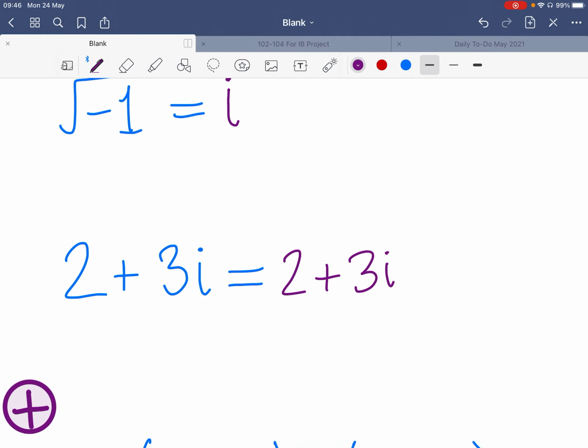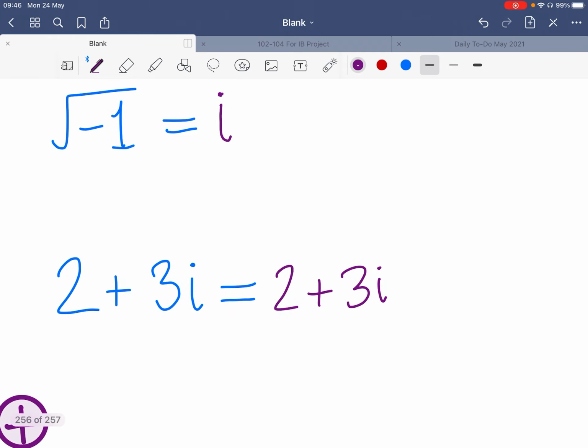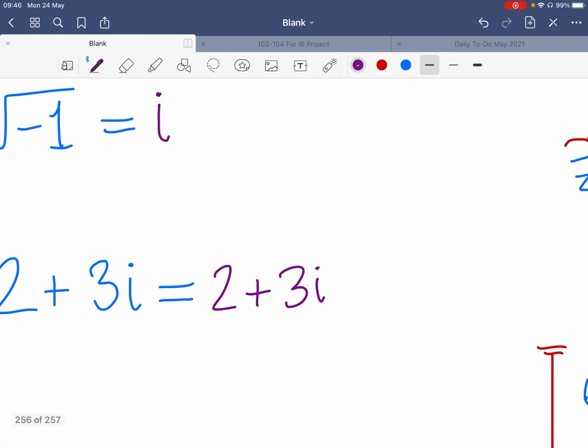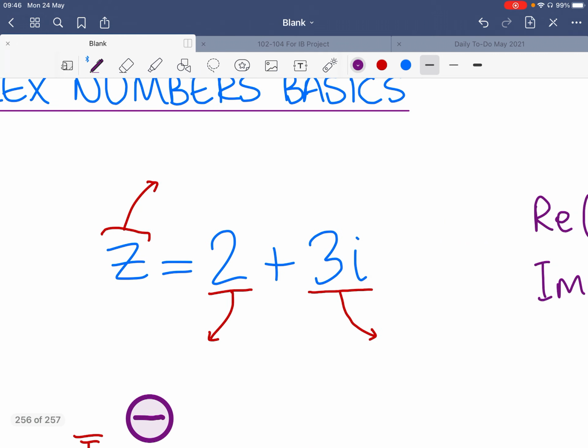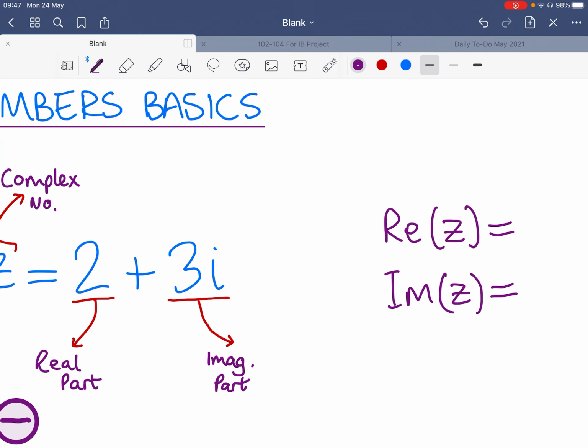But this brings us on to what we now think of as a complex number. A complex number can be a combination of real numbers and imaginary numbers. So we usually give the letter Z to a complex number, and it has a real part, 2, which is a real number, and an imaginary part, 3i.